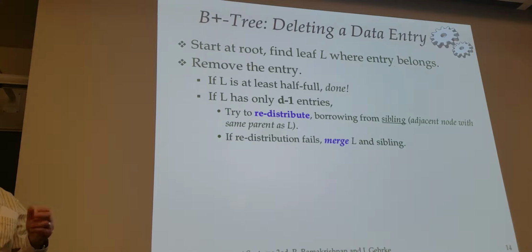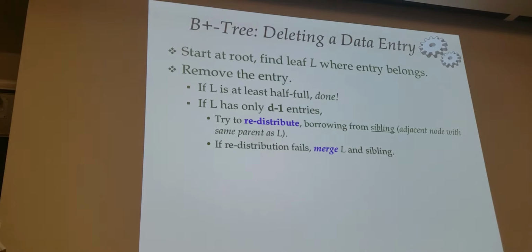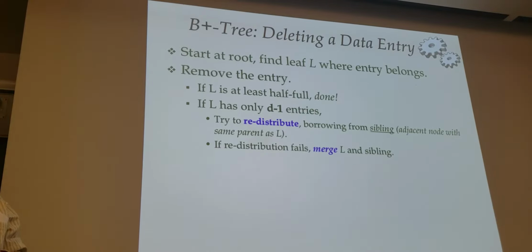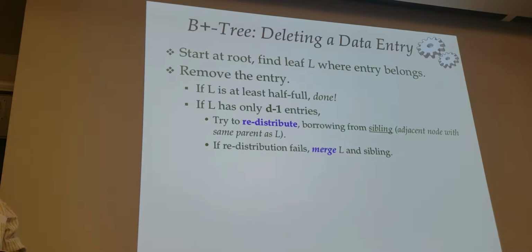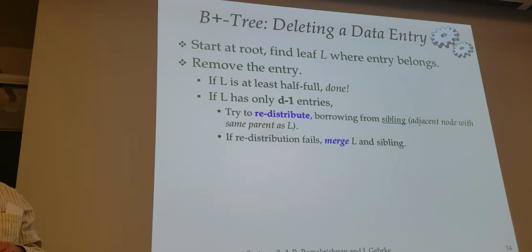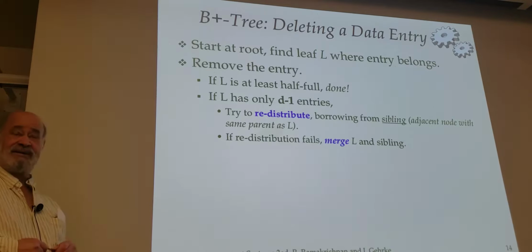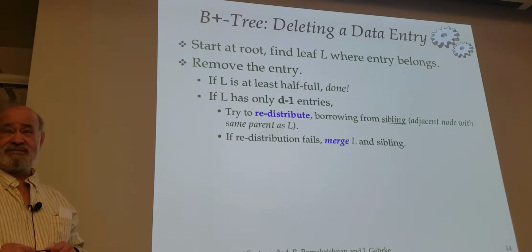Or you have 1 and it is 3, you'll both be okay with 2 and 2. So if you can take an entry from one of your siblings, you don't deal with both, but you find a sibling that has more than D. And if there's a sibling that has more than D, then if you steal 1, it'll still have D at least. And now you'll have D because you stole an entry, okay? Sound good?